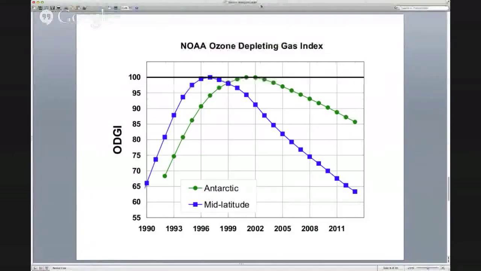So right now we're measuring and seeing that the ozone depleting gases, or the ODGs, are declining. And that's a fairly steady downward trend. But it's slow, and it's going to take a little time to get back to where we were in the pre-1980s levels.